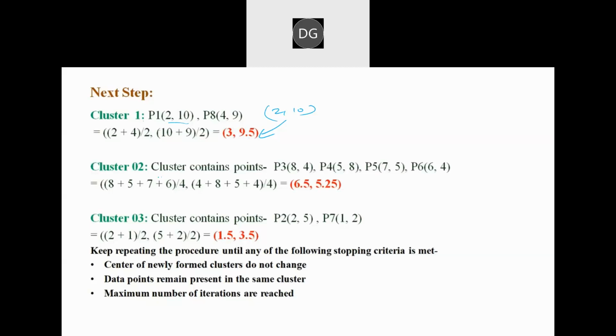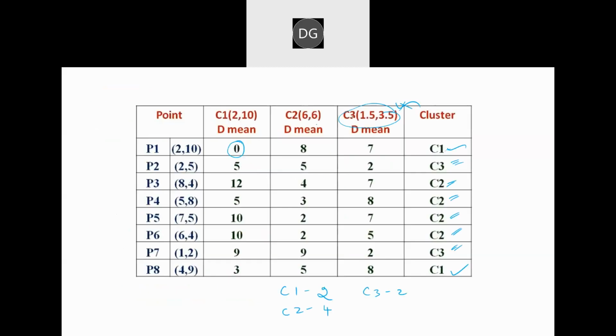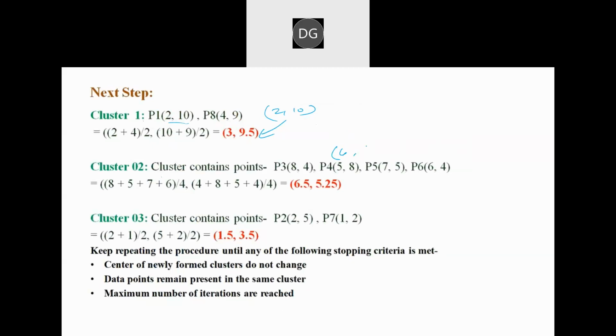So again previously what was the second cluster value? 6 and 5.5 I think, right? 6 comma 6. Okay, so 6 comma 6 has been changed to 6.5 and then 5.25. So again one slight change in the value, and for cluster 3 it remains the same.